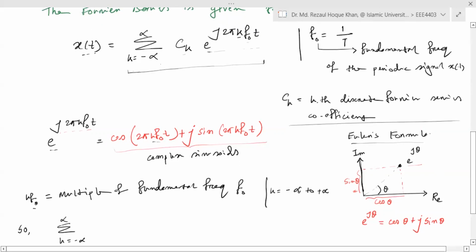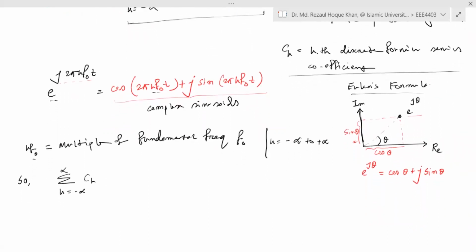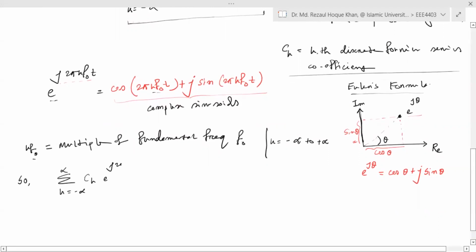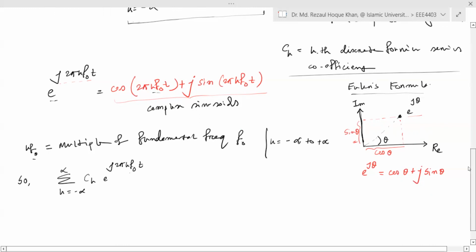Here in this example, this term is nothing but the complex sinusoid, and ck is the discrete Fourier series coefficient for the kth value. Where f0 is the fundamental frequency, it is a linear combination or summation of various complex sinusoids at frequency f0 or kf0. Okay, so what does this actually mean?